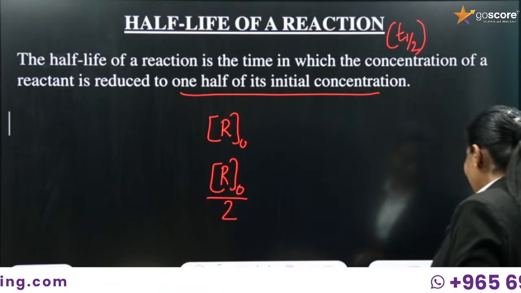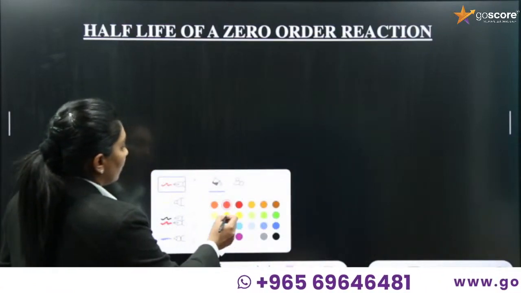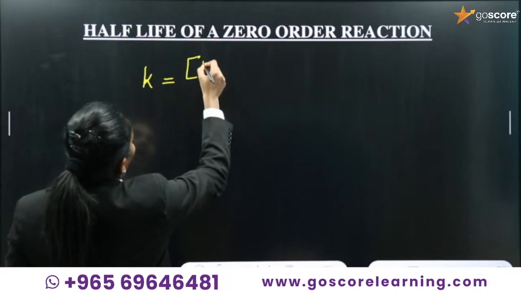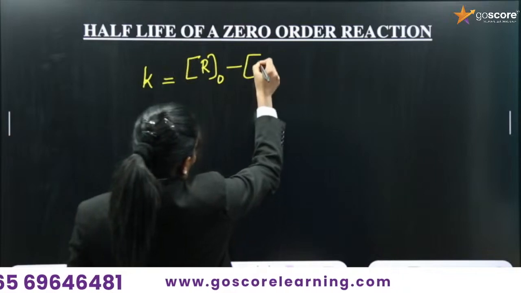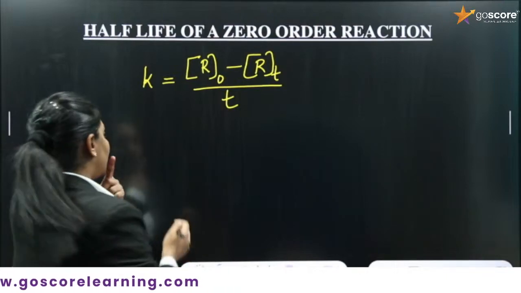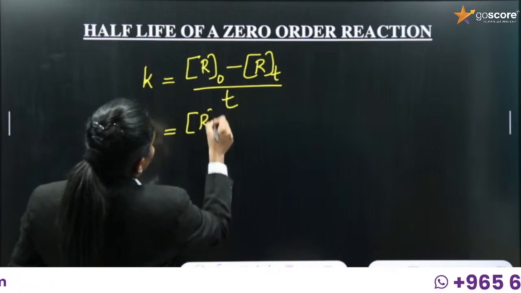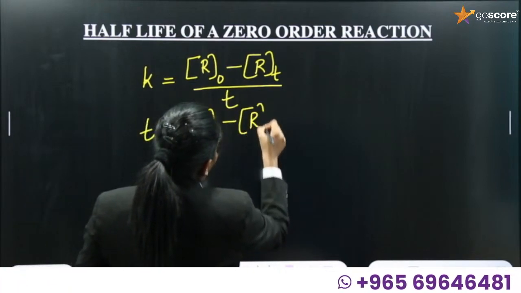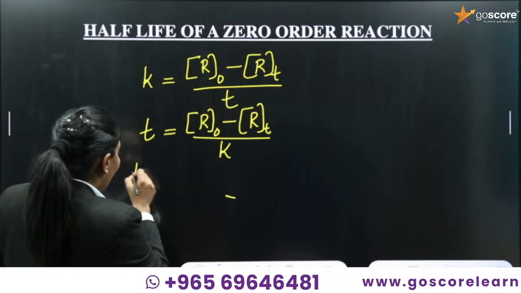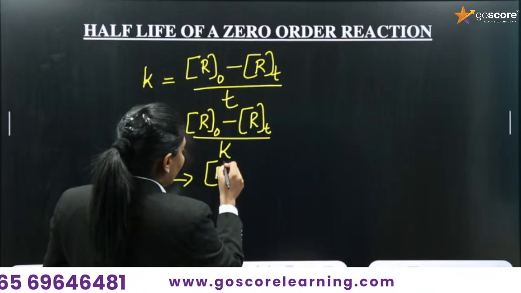Now let's see the half-life of reaction for zero order reaction. So what is our equation for zero order reaction? K is equal to R0 minus RT by T, right? So we can write it in terms of T as R0 minus RT by K. So when time T reduced to half, that means the concentration, what is RT?